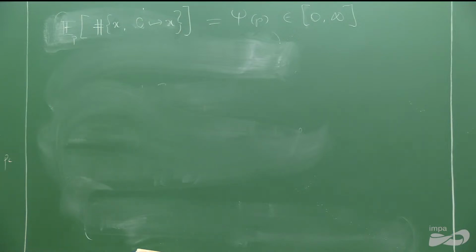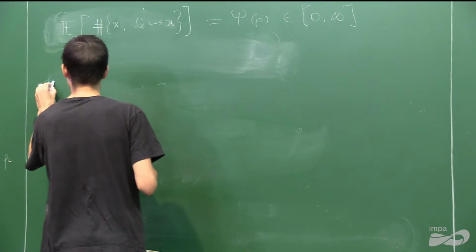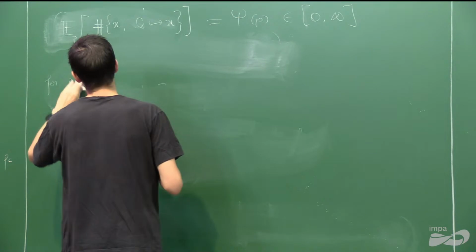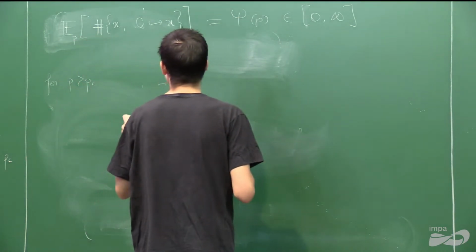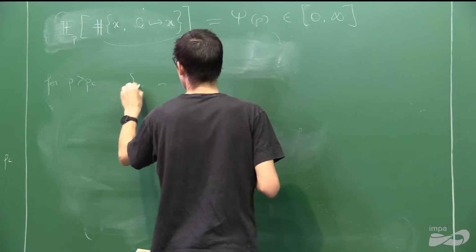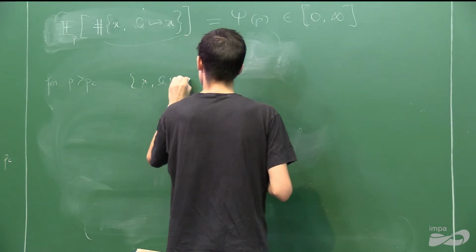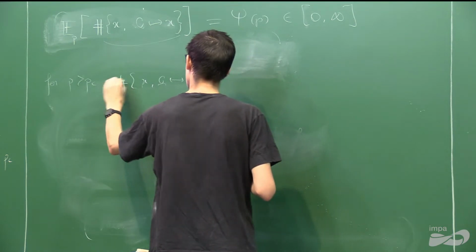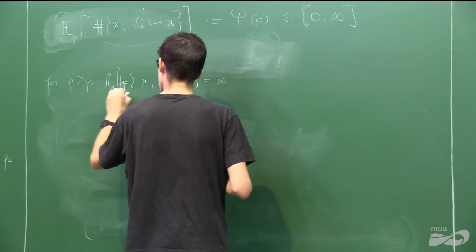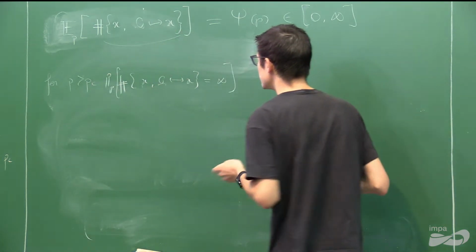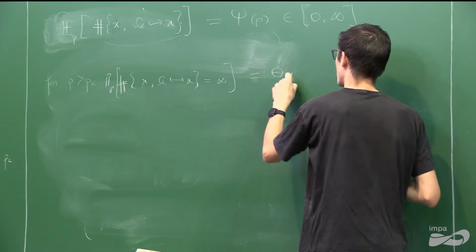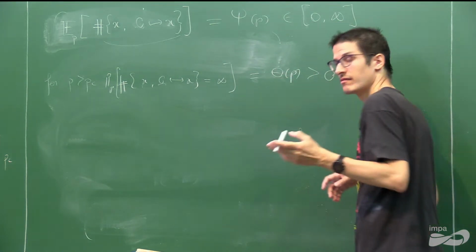So what we have is that for p larger than p_c, this thing is infinite with probability theta p, which is positive.